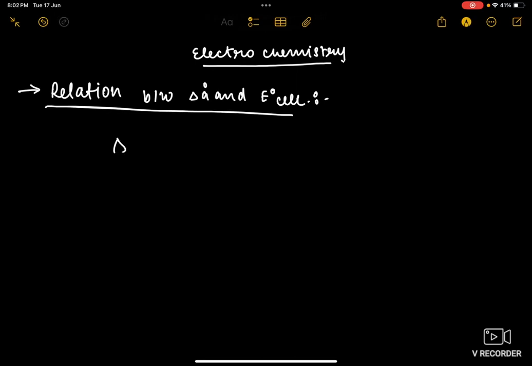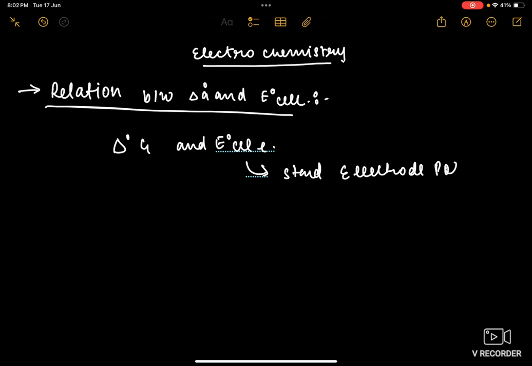So, the relation between delta G naught and E naught of the cell. E naught is the standard electrode potential of the cell, and delta G naught is Gibbs free energy.